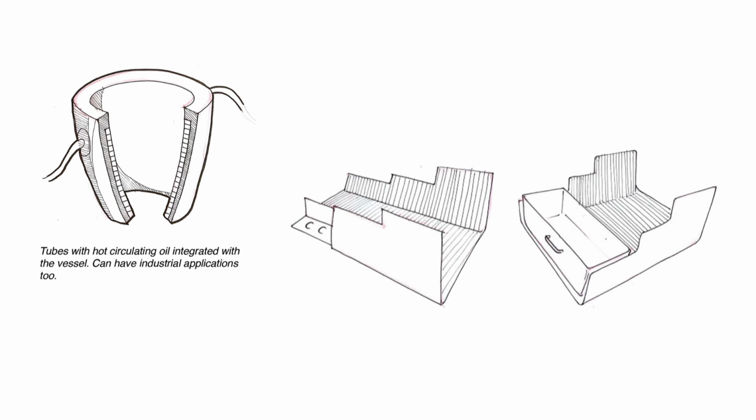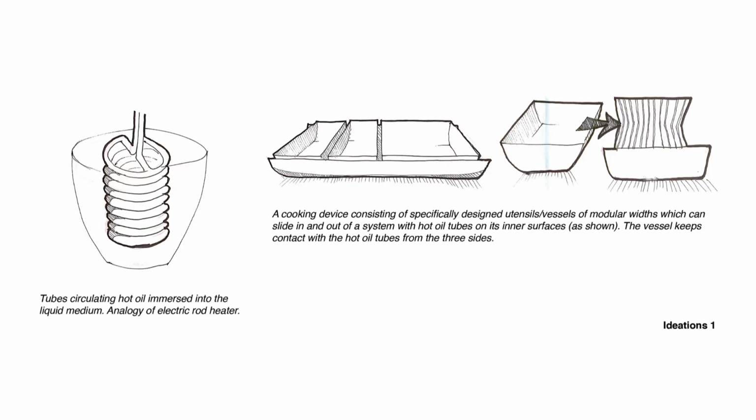It can also be translated into this tray kind of system, where oil comes in here, loops, and exits here, and you can insert vessels or specifically built trays, which will in turn cook the food. You can also take the analogy of an immersion water heater, where heated oil comes into this coil, and you insert this system into the water.